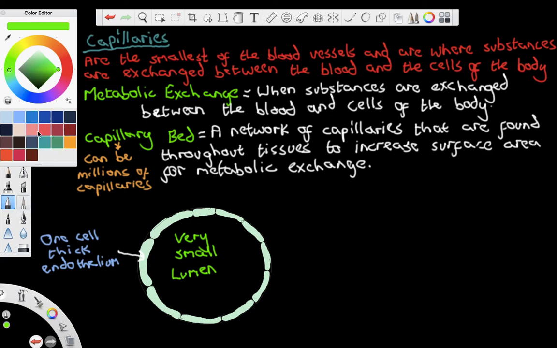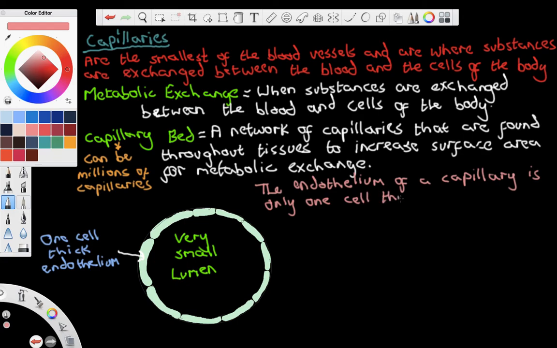So we can say that the endothelium of a capillary is only one cell thick to reduce diffusion distance in metabolic exchange.